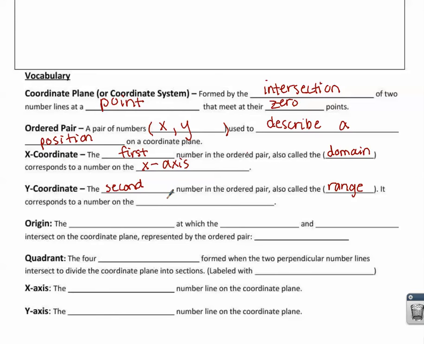It corresponds with the y-axis. The origin is the point at which the x-axis and y-axis intersect on the coordinate plane, represented by the ordered pair (0, 0).